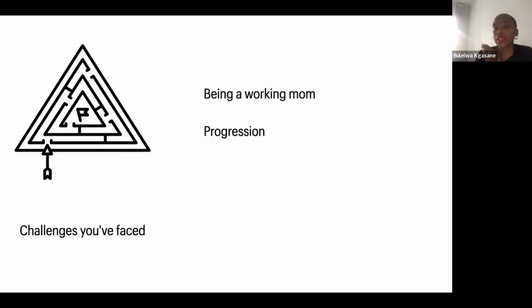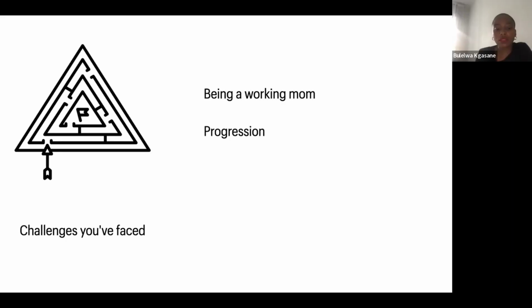I don't necessarily think it's every woman's challenge, but it has been my personal challenge as a woman who's a mother, who's working in the tech space, that it's not as friendly to women who are also managing work life and being a parent. So you almost have to work as hard and be more fast-paced when you come back, because that's how quickly the world would have moved on.